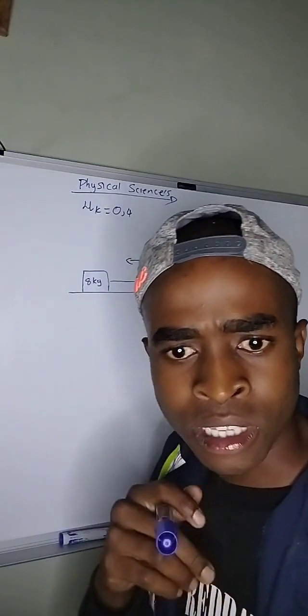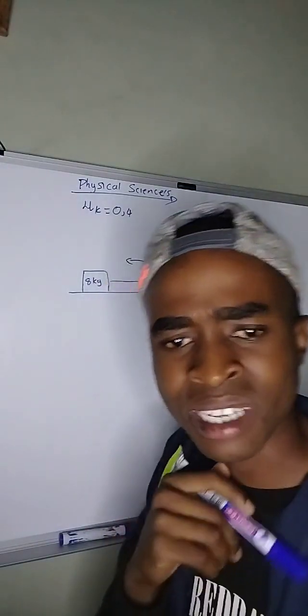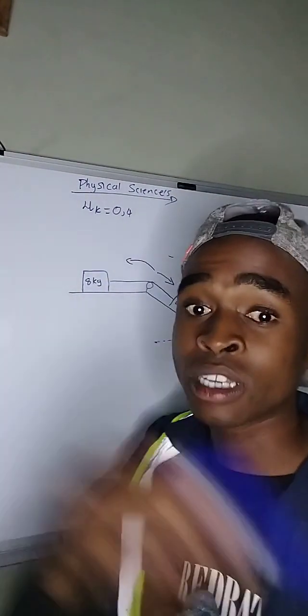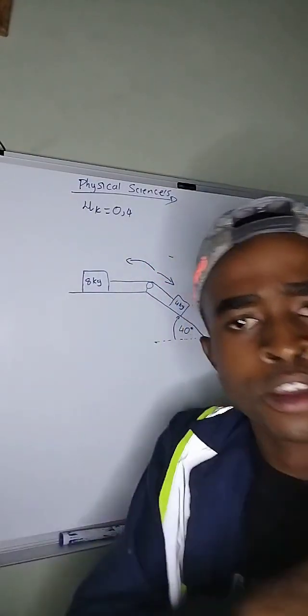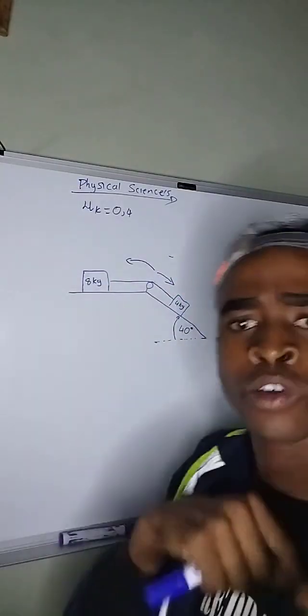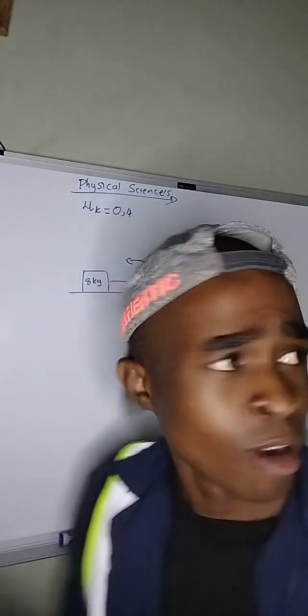What is the cause of the system's acceleration? It is the force. The force causes a system to accelerate. If you have a force, you have acceleration. The force is independent, the acceleration is dependent. Am I clear? Or am I lost?